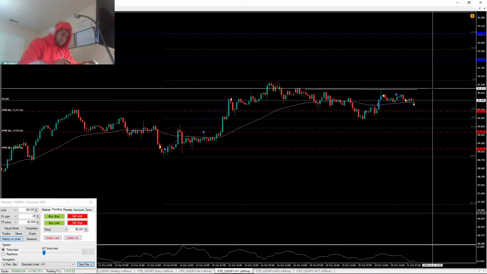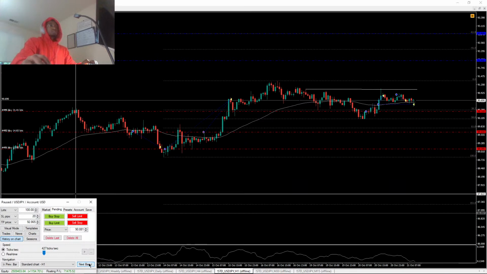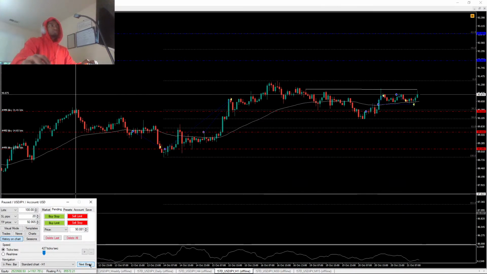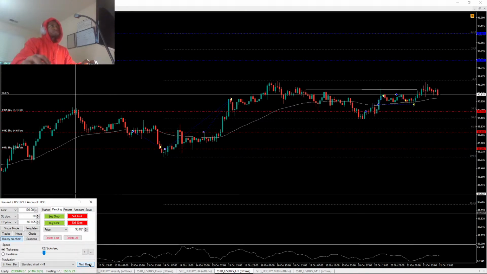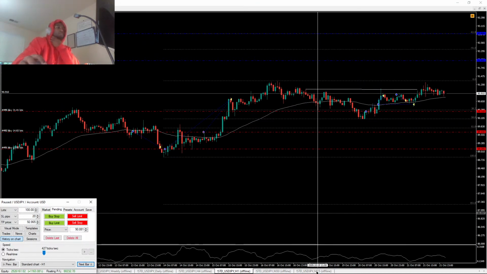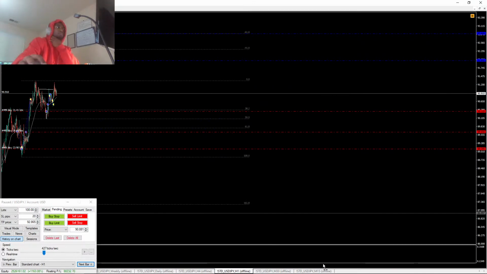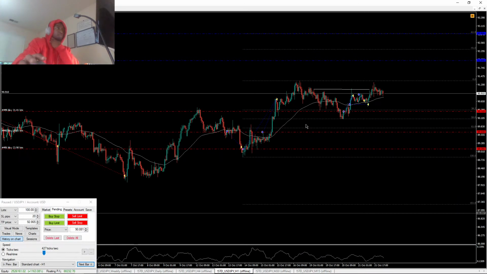Now 1072. It's moving pretty correctly. Well, it's not moving aggressively, so we could see another letdown potentially.